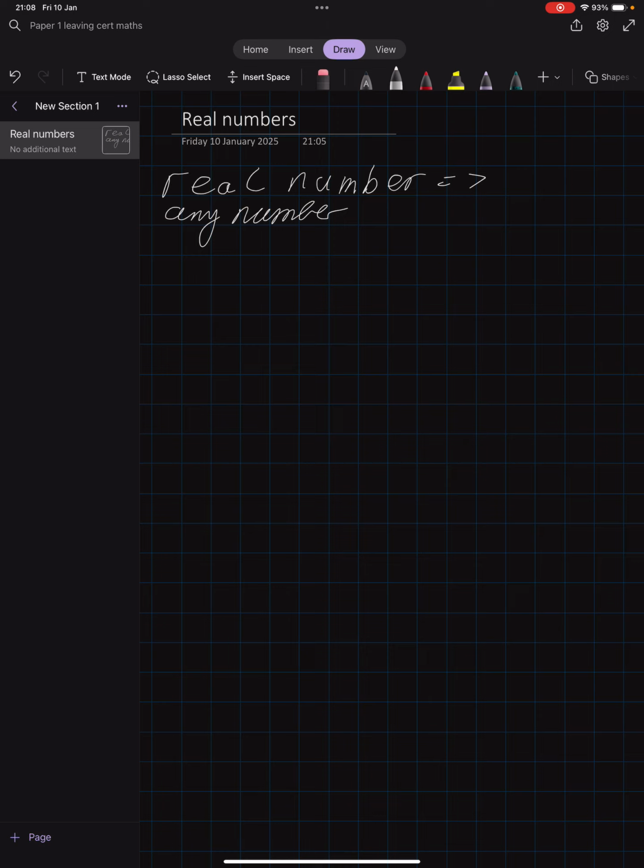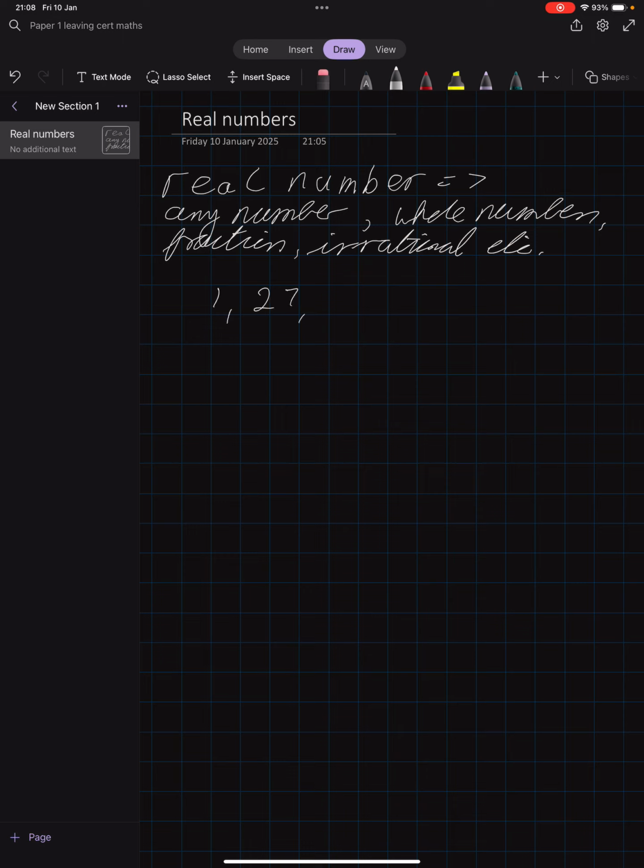When I say any number, what I mean is whole numbers, it can be fractions, irrational, etc. So something like 1, 27, pi, 3.267, and so on.